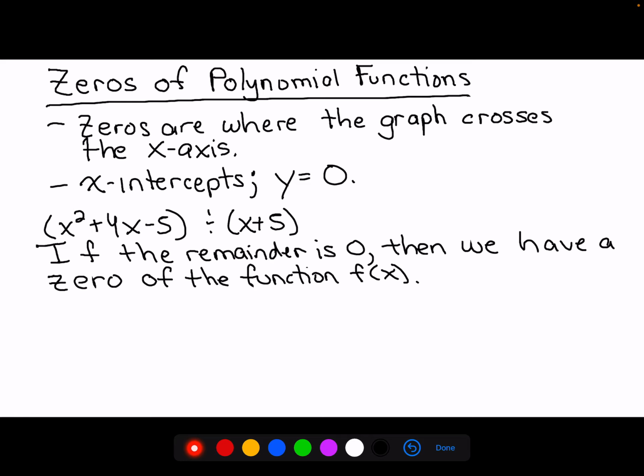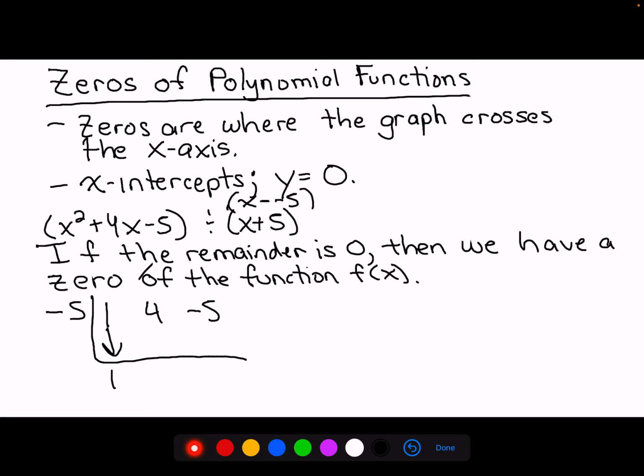Okay, let's do a quick synthetic division and see what we get for our remainder. So we'll put a 1, a 4, and a negative 5 from the f of x, because it was 1x squared plus 4x minus 5. And then we're going to divide by negative 5, because x plus 5 is the same thing as x minus negative 5. So the k is negative 5.